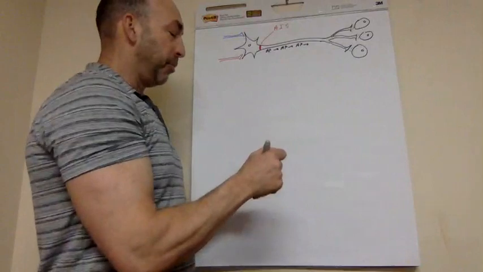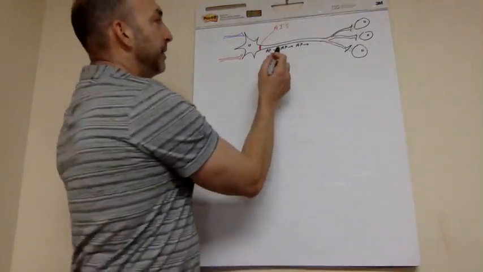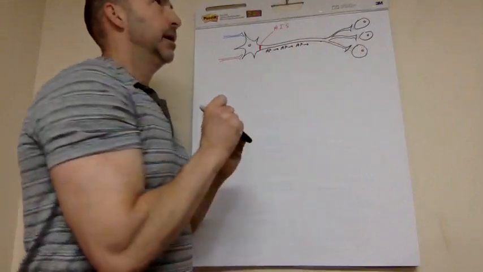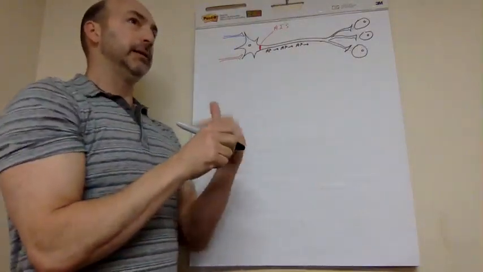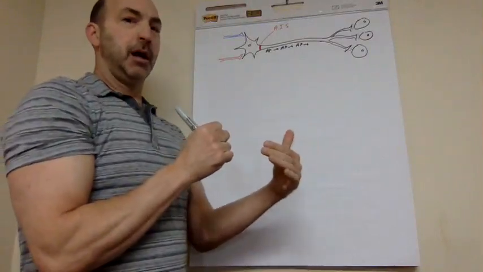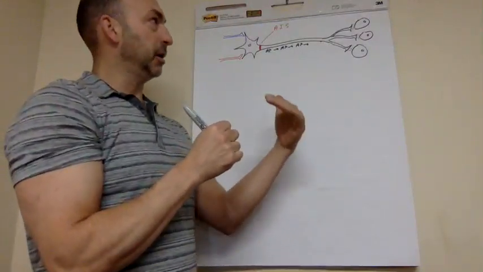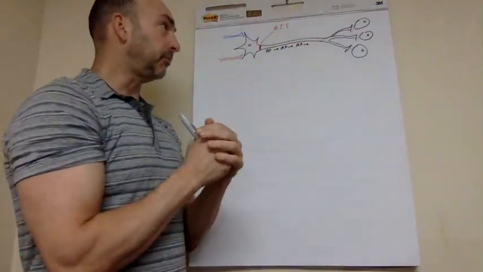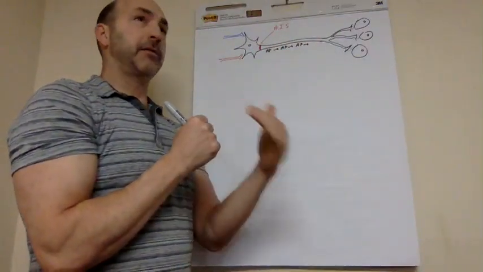The point being, the information that this neuron is going to provide to these cells is not coded in a single action potential. A single action potential was the mechanism of transmitting a signal along a neuron, but it's not how the information is coded.